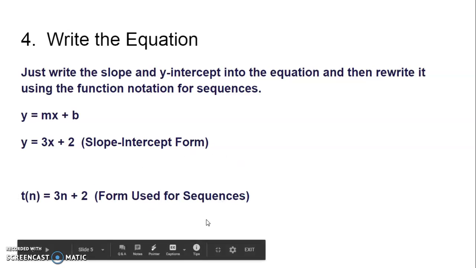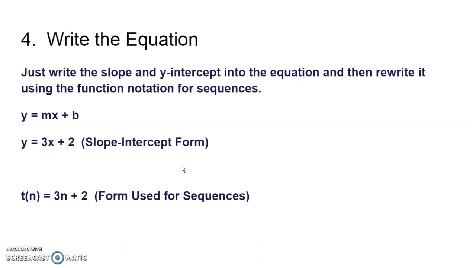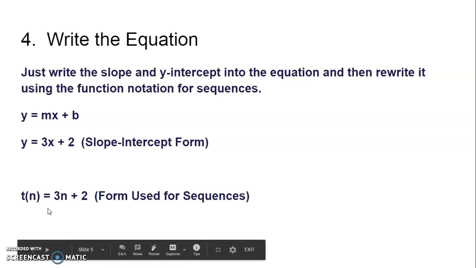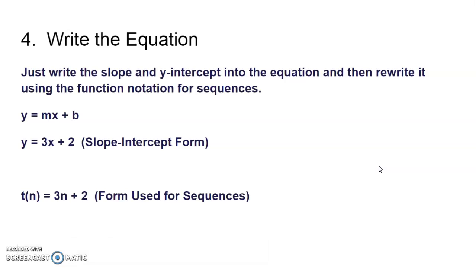This equation down here, which is used for sequences, is the slope-intercept form. All I did was put t of n in for y and n in for x. So my explicit equation for the sequence that we started with is t of n equals 3n plus 2. That's a little review of that.